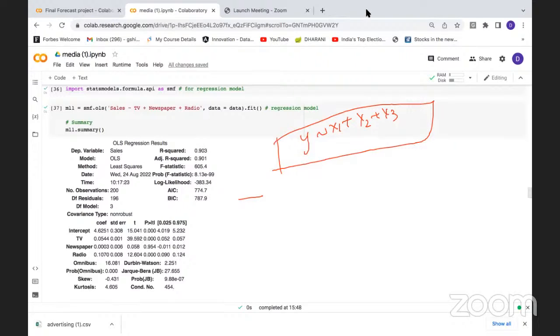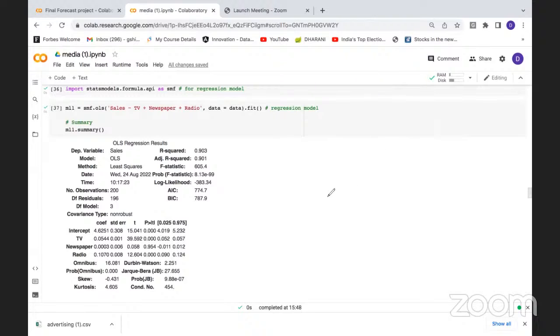Our interest here is the R square value. Even before the R square, you have this input. These are the coefficients you got. So what is the interpretation now?